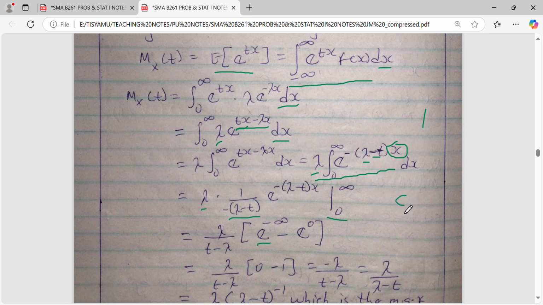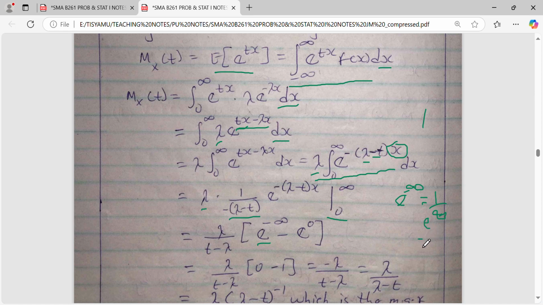So exponential of negative infinity can be written as 1 over exponential of infinity, from the laws of indices.